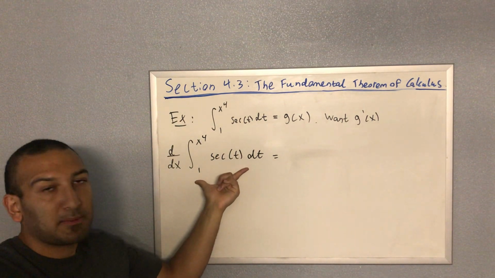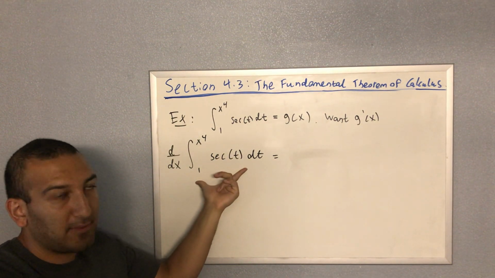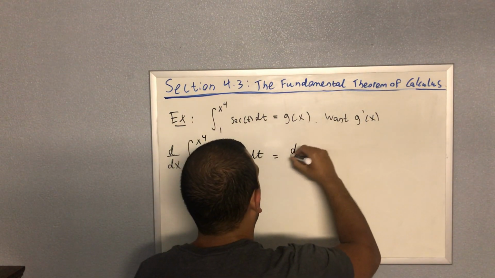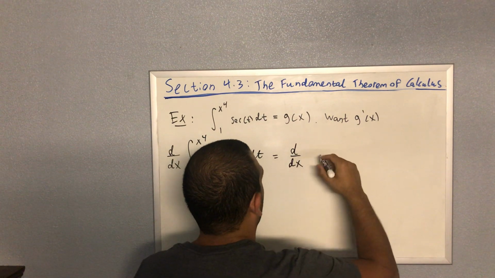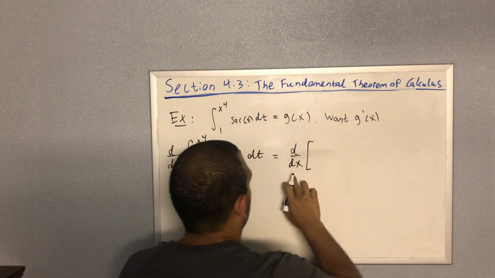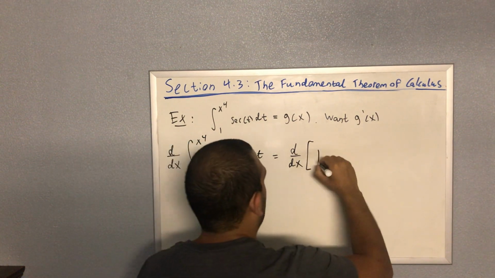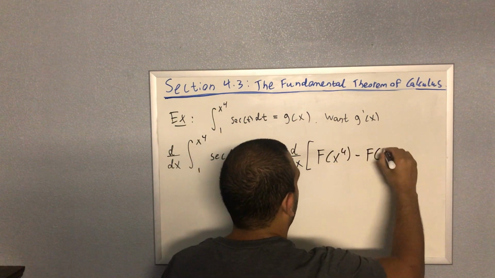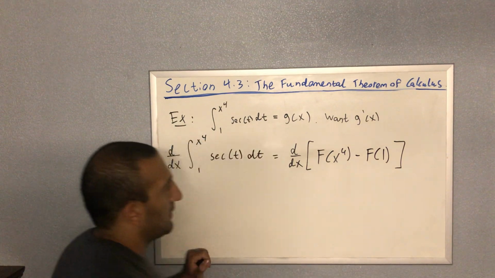So first, let's find out in general what this is. The fundamental theorem of calculus part 2, FTC 2, tells us that this integral really is capital F of x to the fourth minus capital F of 1.